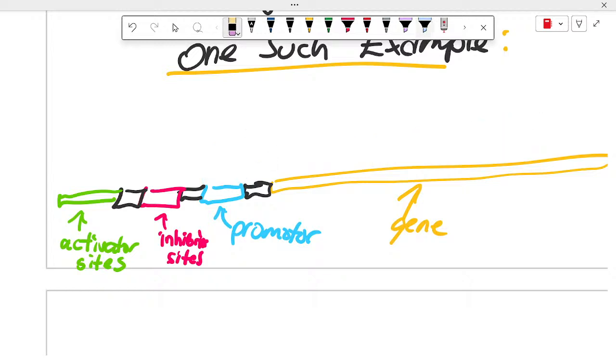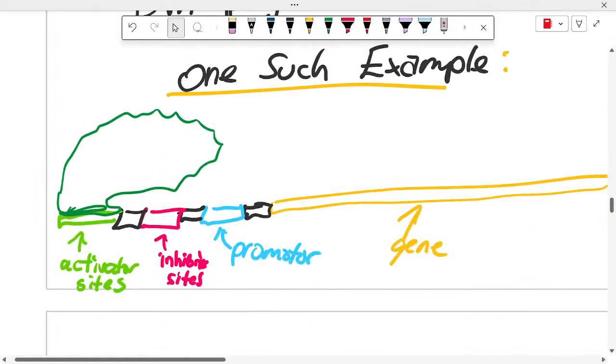But this particular gene also has an activator site where if the activator site gets bound to by an activator, then that will actually greatly increase the probability that RNA polymerase will bind here because it's designed to attract RNA polymerase.